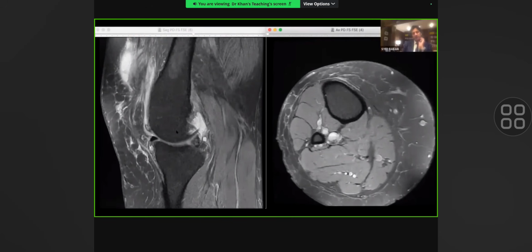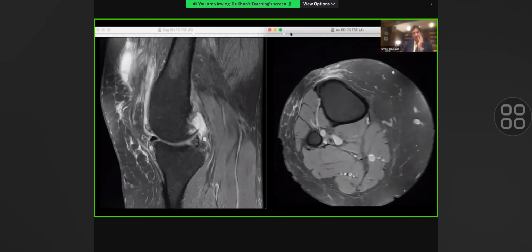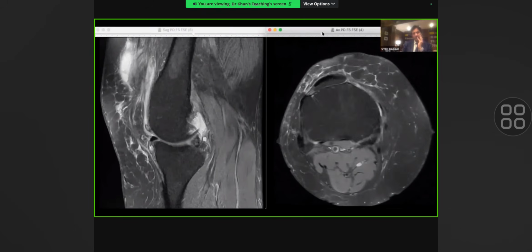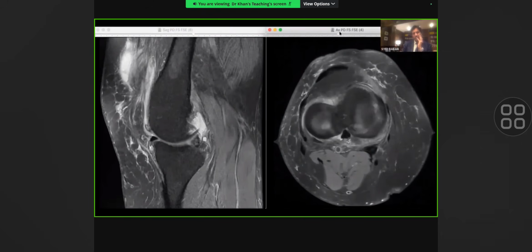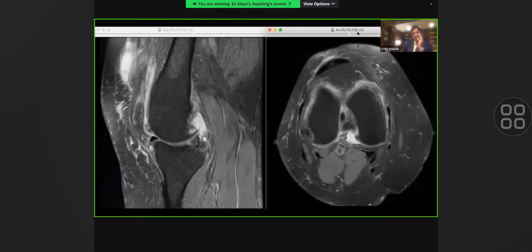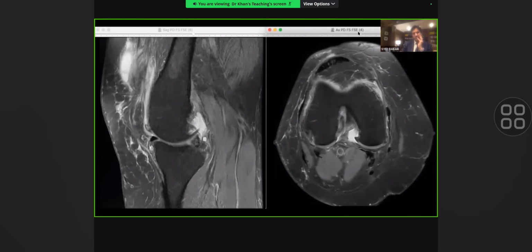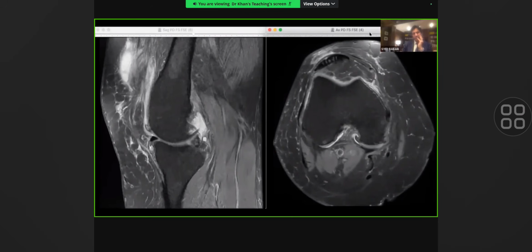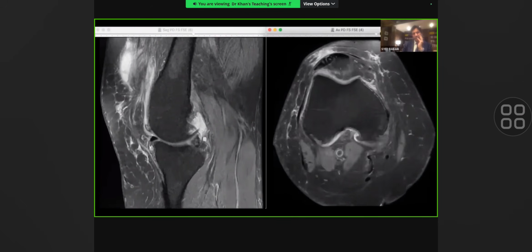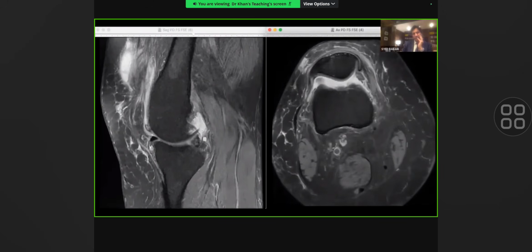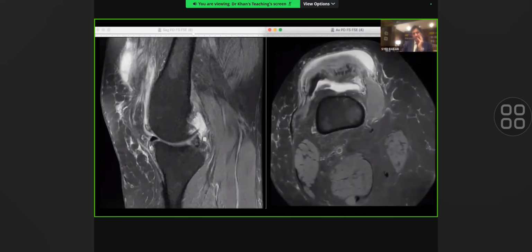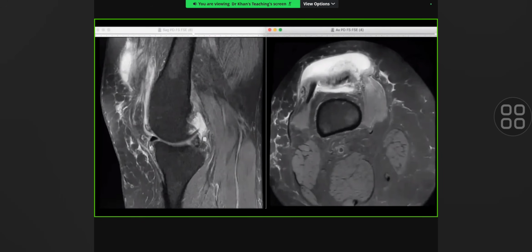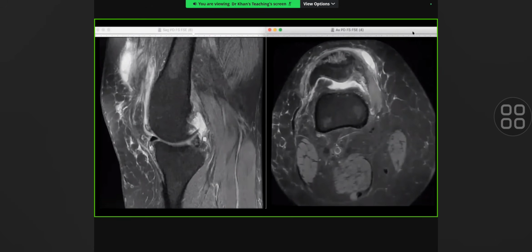You've got the axial. So there's significant high signal in the quadriceps tendon, which is in keeping with a rupture.